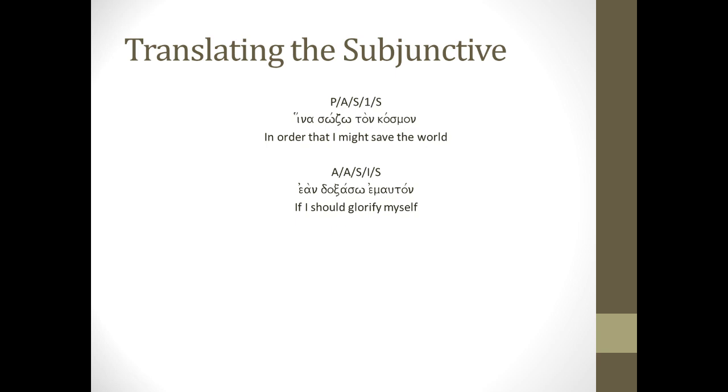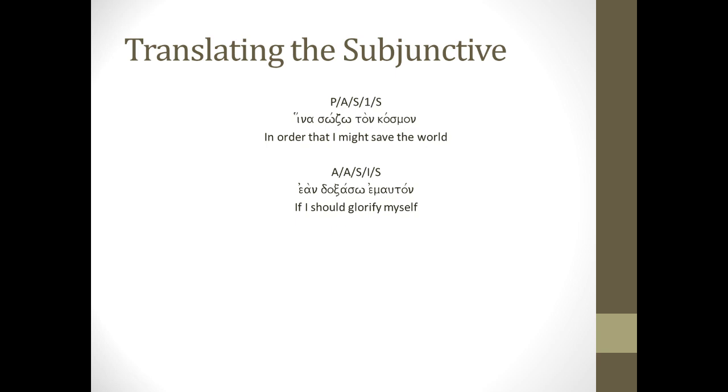Even though we are dealing with the aorist tense and you are used to translating it as past tense, once the aorist moves out of the indicative mood, the notion of time begins to fall away. And so you do not want to translate this, if I should have glorified myself, but you would just translate it almost present tense, if I should glorify myself.